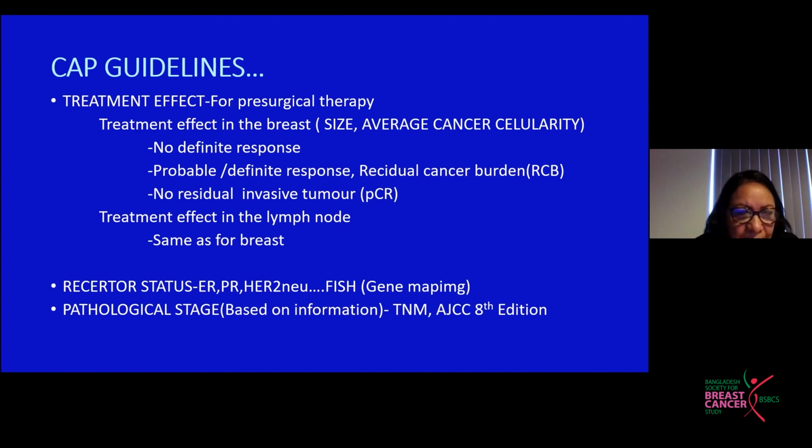We have to look for whether there is any reduction in size of the tumor, or any partial reduction, or a complete disappearance of the tumor, which is known as pCR.